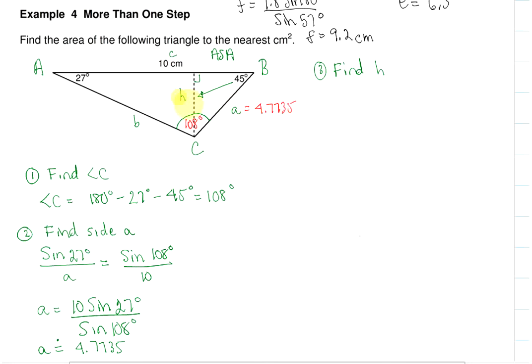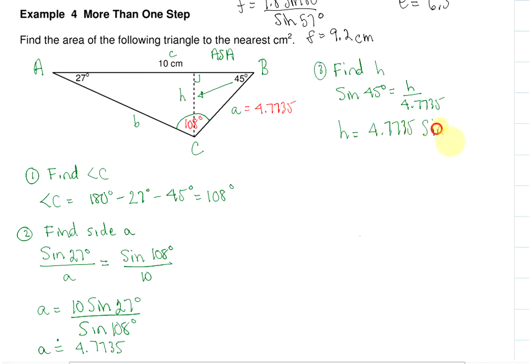So the trig ratio that uses opposite and hypotenuse is sine. So I'm looking for the sine of 45 degrees, which is equal to the opposite H over the hypotenuse, which is 4.7735.